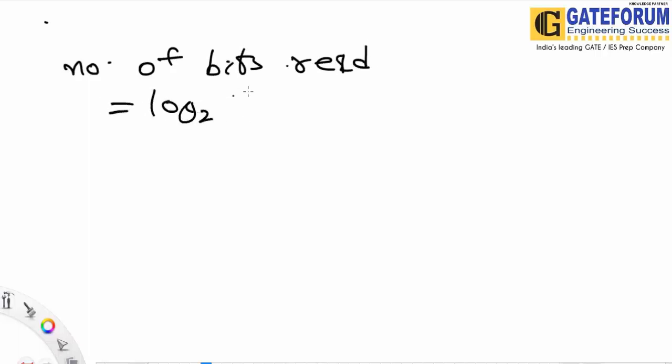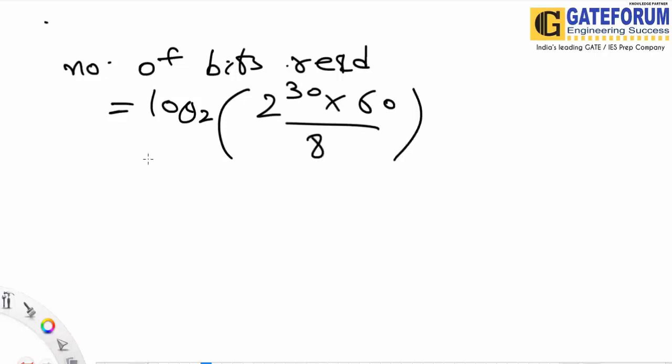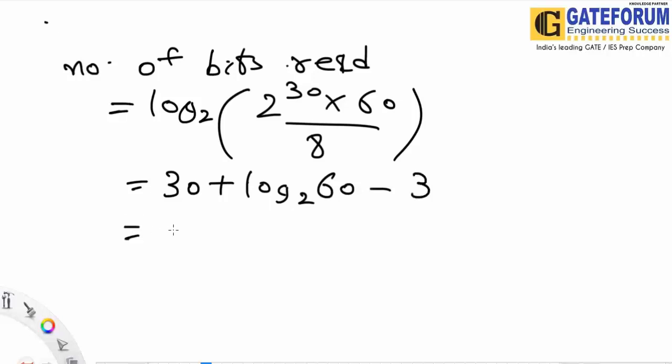So the number of bits required is equal to log to the base 2 of 2 raised to 30 into 60 divided by 8, which is nothing but 30 plus log to the base 2 of 60 minus log to the base 2 of 8. Now, log to the base 2 of 60 is around log to the base 2 of 64, which is around 6, or you can say 5 point something, minus 3.